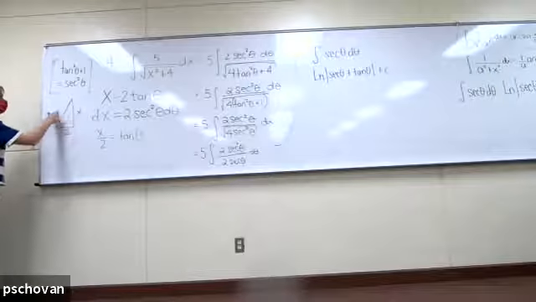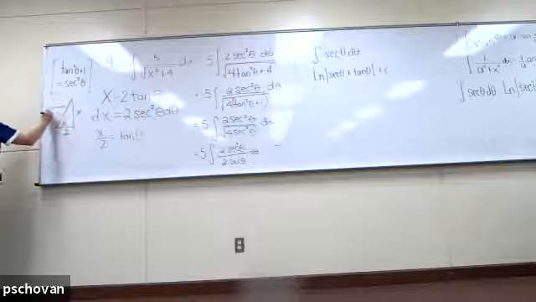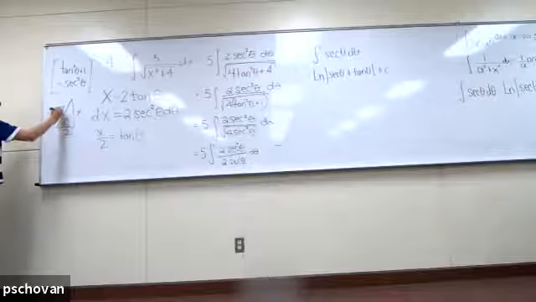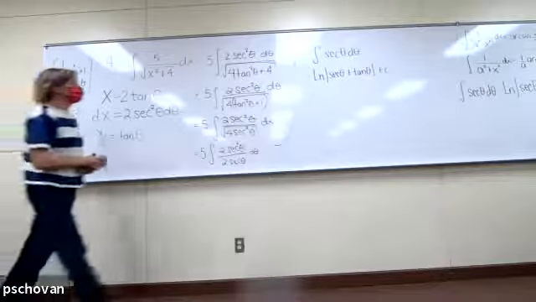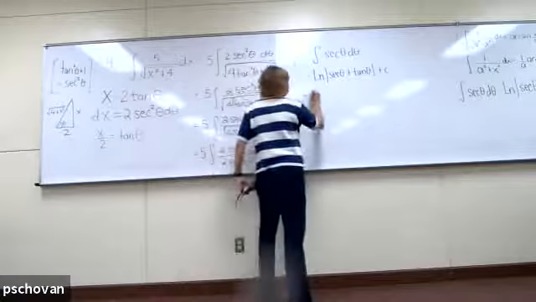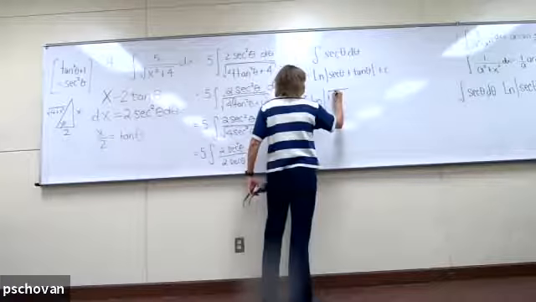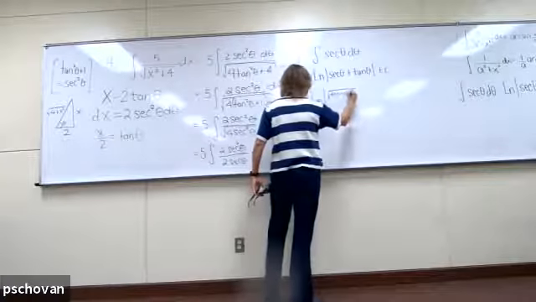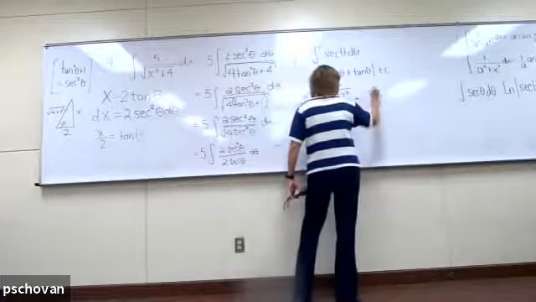This squared plus that squared is the hypotenuse squared, so the hypotenuse is going to be the square root of 4 plus x squared. I need the hypotenuse because the secant is hypotenuse over adjacent. So we can write this now as the natural log of the square root of 4 plus x squared over 2. And then the tangent was x over 2.